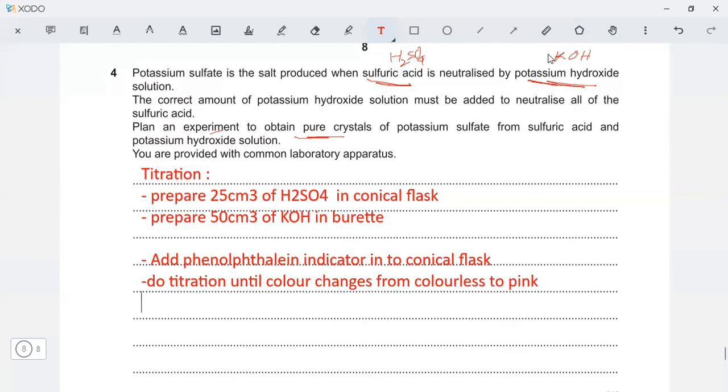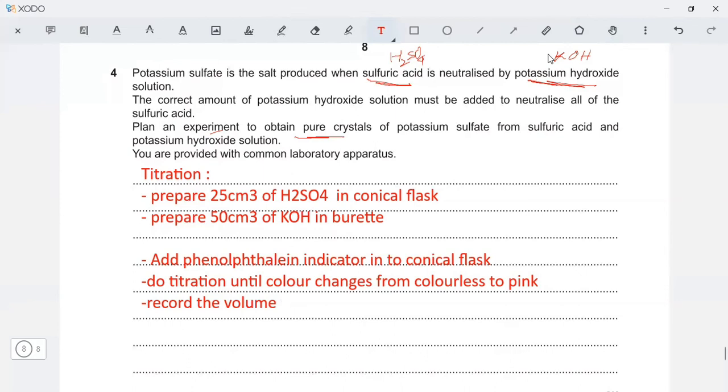Okay, so the next step, what you do, you have to record the volume, right? How much you have added. So where you get the endpoint, you need to record the volume. After recording, you have to repeat it at least 3 times.